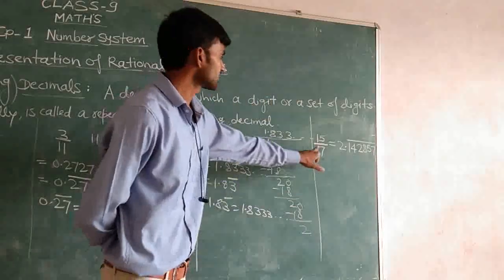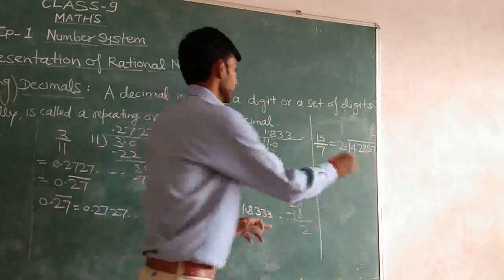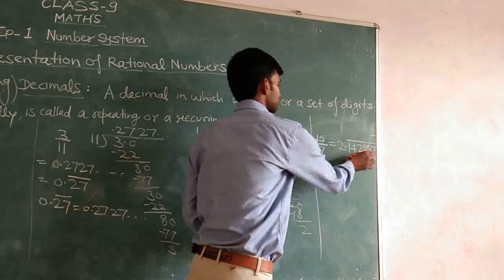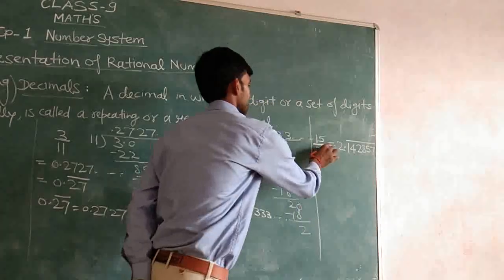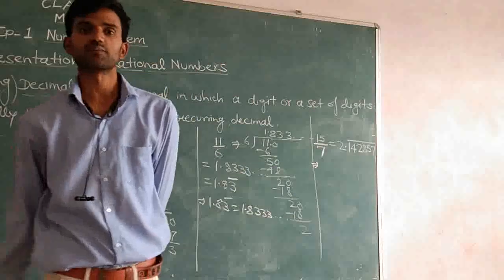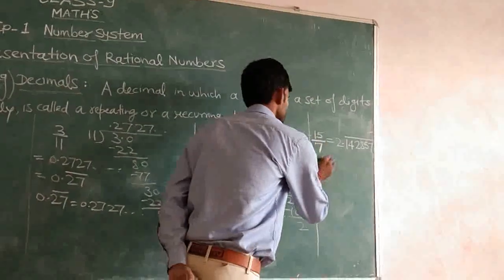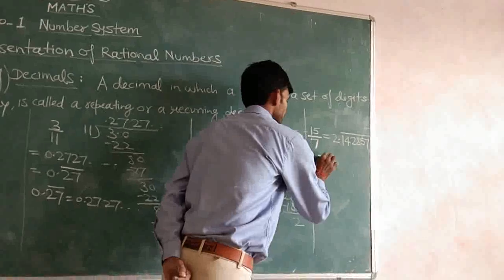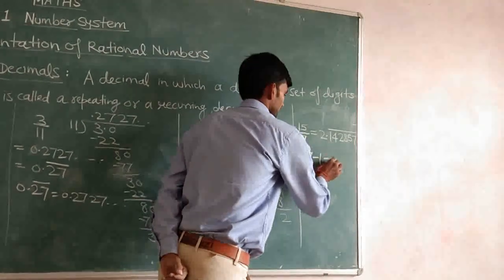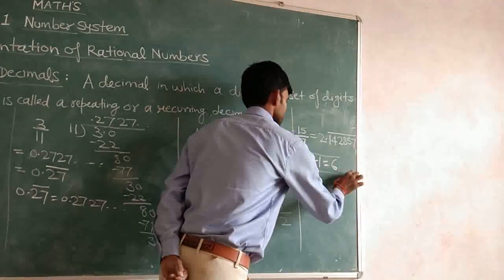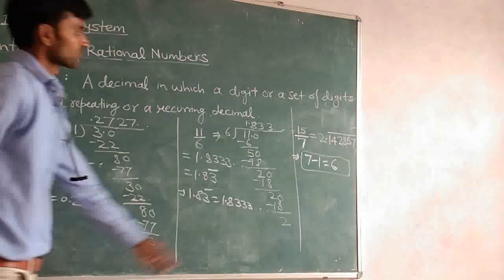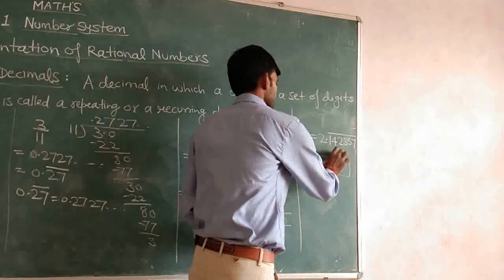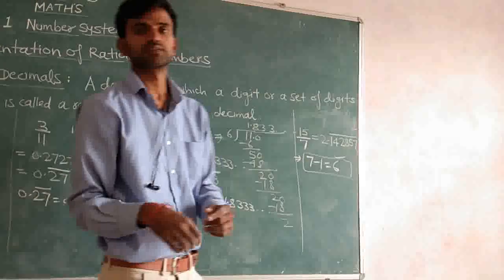This means the maximum number of repeating digits is always 1 less than the denominator.